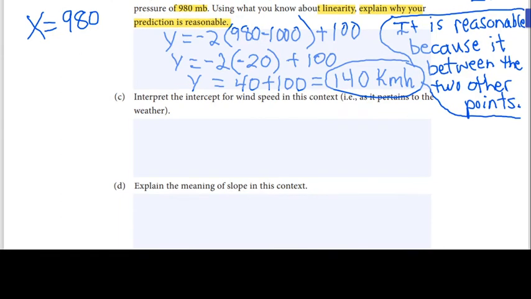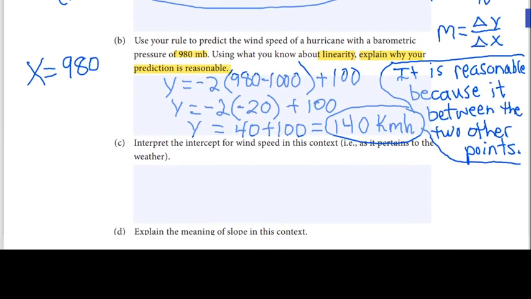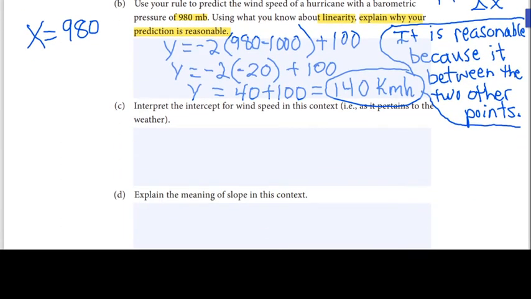Now we want to move on. All right? So the next one says to interpret the intercept for wind speed in this context, i.e. as it pertains to the weather. Okay, what is the intercept as it pertains to the weather? Well, what we have to do first is find out what the intercept is.